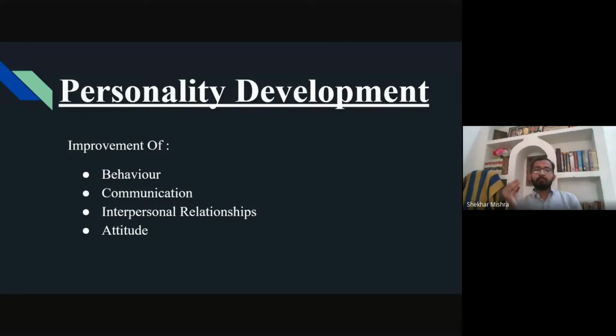It's the development of behavior, like your humbleness, your politeness, or your situational reaction to a problem. That's your behavior. Communication: how you are able to communicate with others or not.